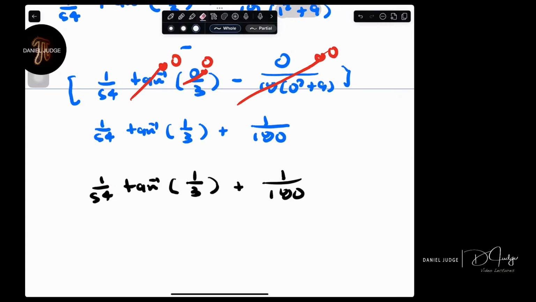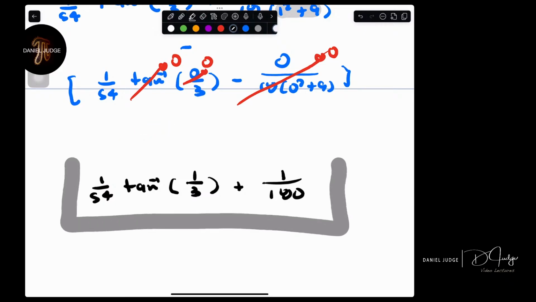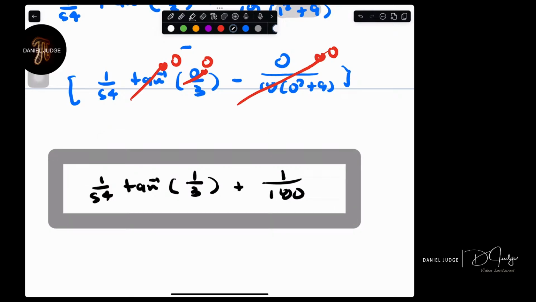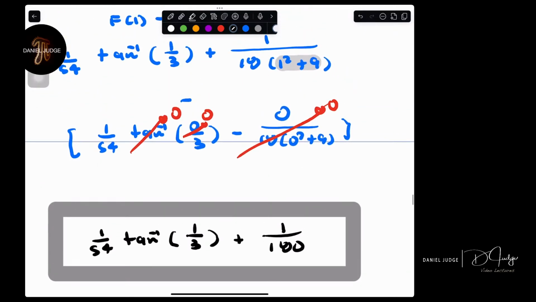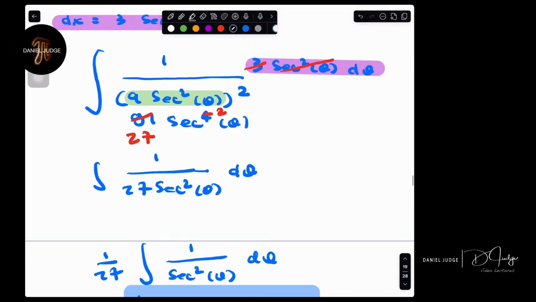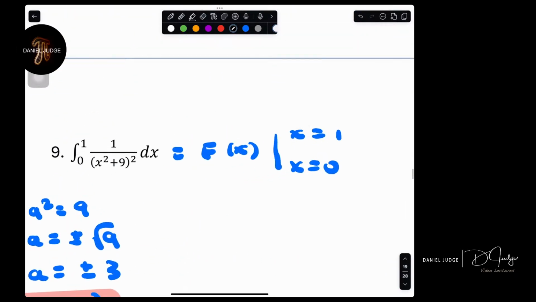There you go. All right. So, this is how we handle an integral when you have the limits.